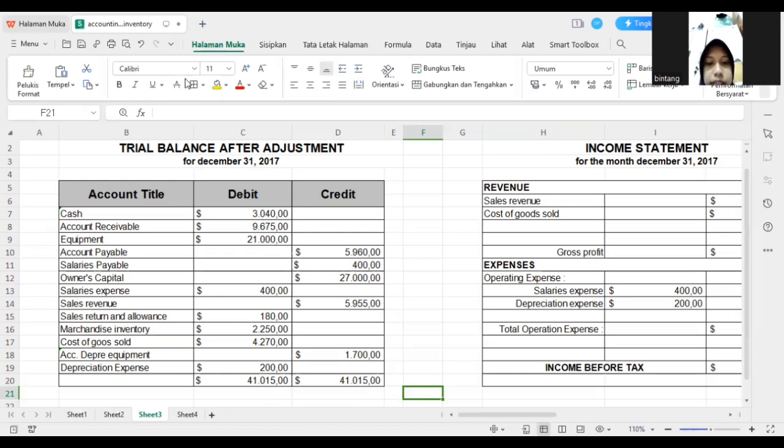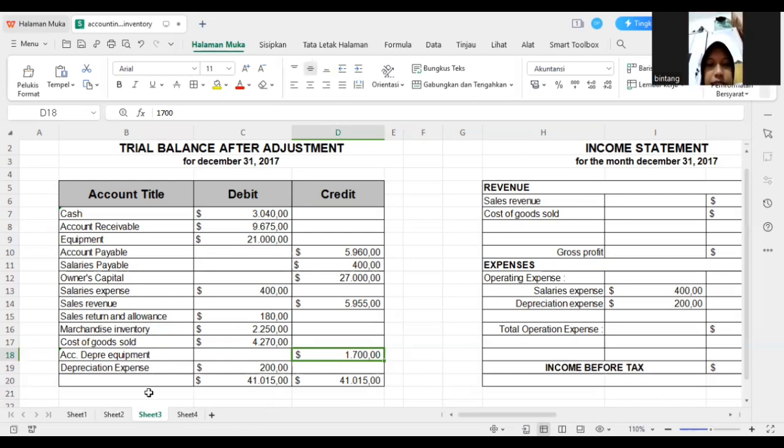Merchandise inventory in debit side, $2,250. Cost of goods sold in debit side, the amount is $4,270, and accumulated depreciation of equipment in credit side, the amount is $1,700, and also depreciation expense in debit side, $200.